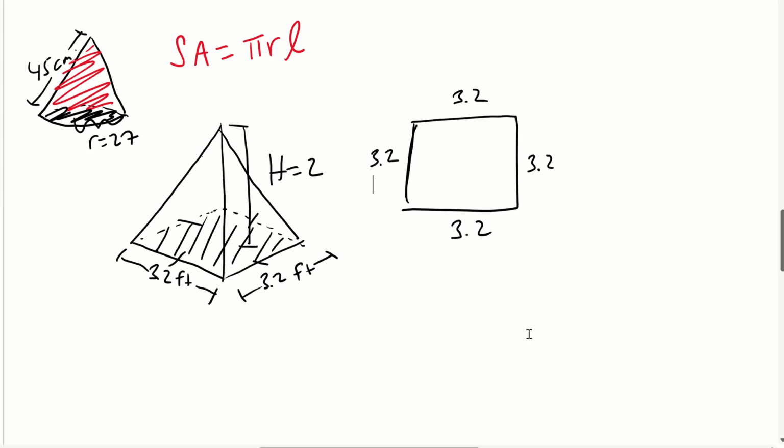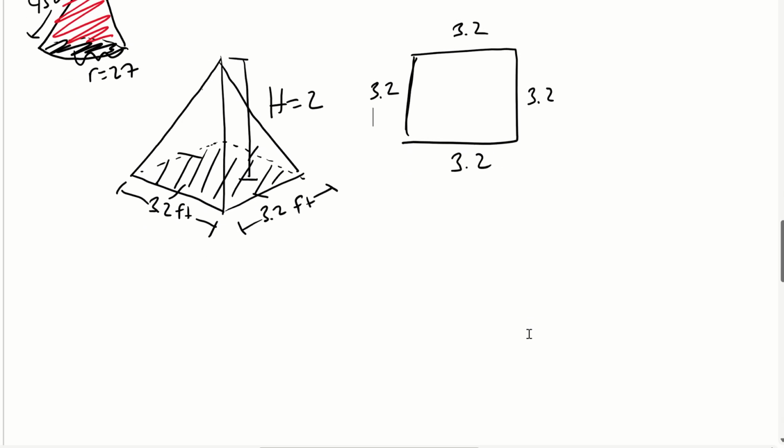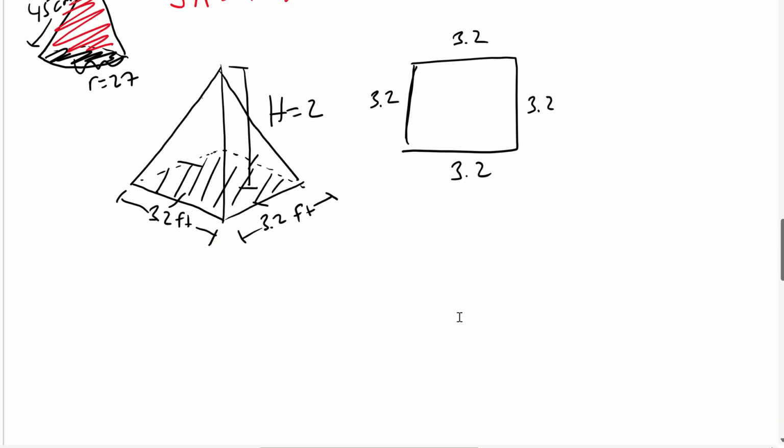Now in order to calculate this, we would need the slant height of the pyramid. Okay, the slant height is this distance right here. It's the height at an angle. Okay, so notice that if I were to draw this makes a right triangle. You see that? So let me draw that right triangle like this so you can see it.